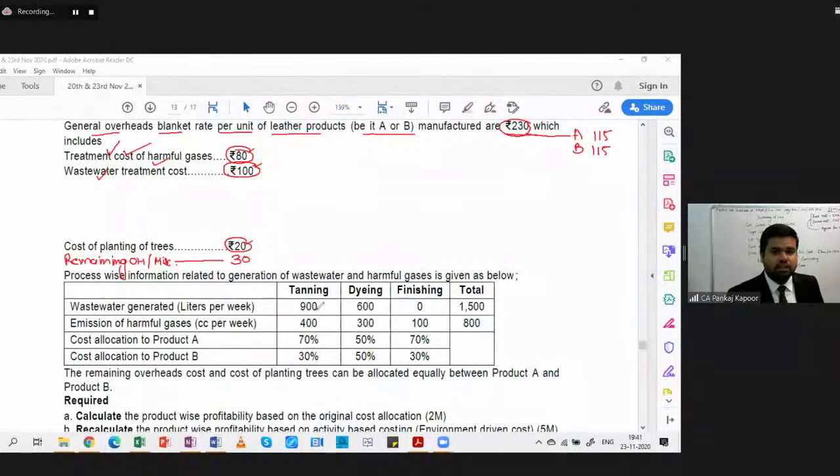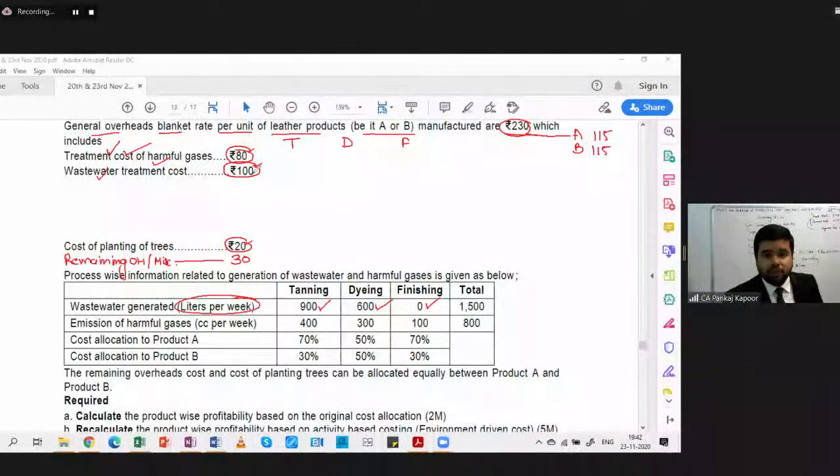You can see here, they mention that tanning, dyeing, and finishing consume the activity in such a manner. The water generated in liters is 900 by tanning, whereas dyeing generates 600. Finishing does not generate any water which needs to be treated.